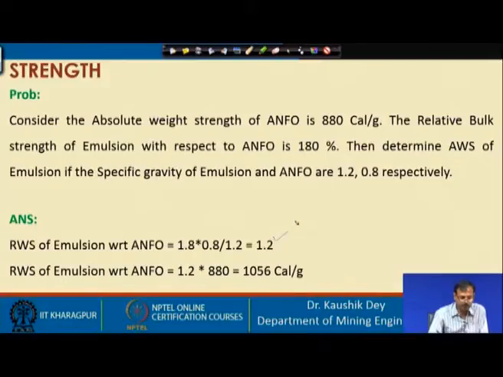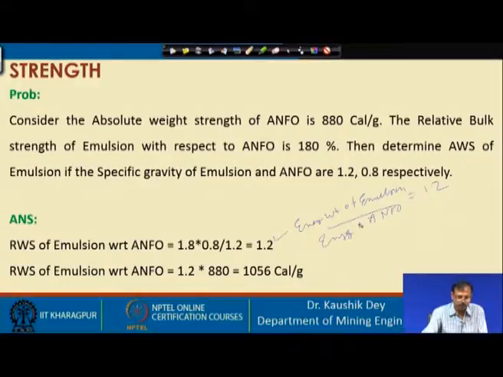In the second part, we have to determine the absolute weight strength of emulsion. So, we know the energy obtained from the emulsion divided by the energy obtained from ANFO is equal to 1.2.